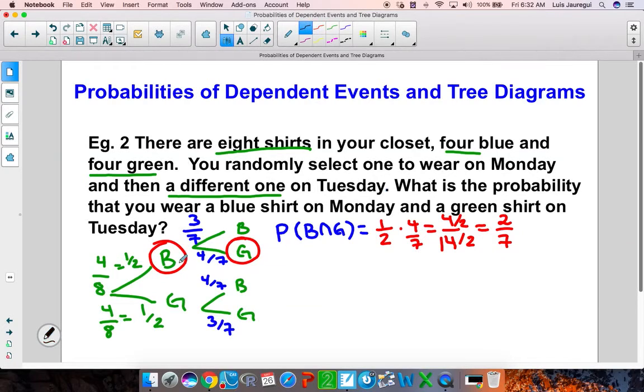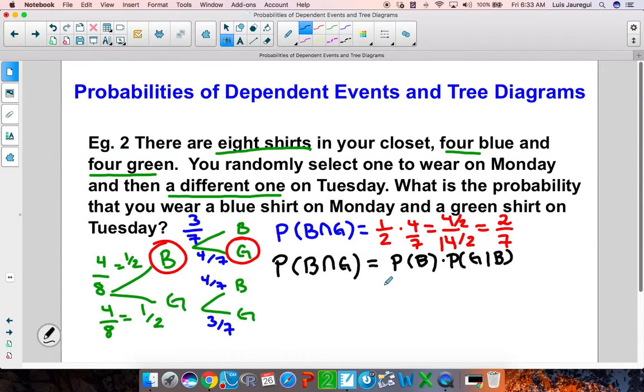In a similar way, since we know these events are dependent, what shirt you actually wear on Monday affects the choices available for Tuesday. So we can use the following formula. We know the probability of B intersection G will just be the probability of wearing blue on Monday times the probability of wearing green on Tuesday, given that you already wore blue on Monday.